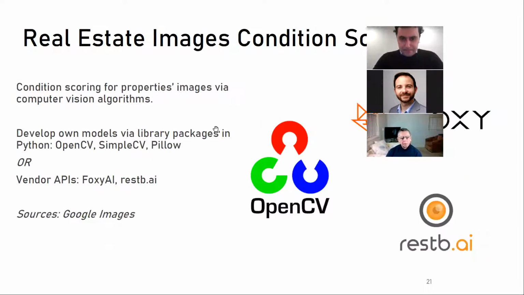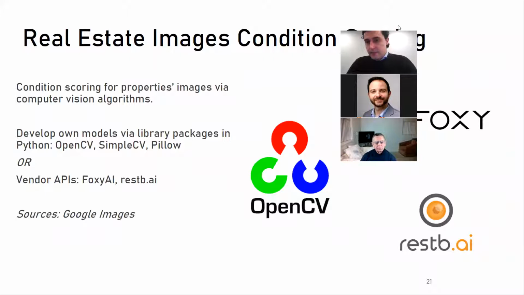And for images, I haven't done it myself, I didn't have time, but condition scoring for images is done via computer vision algorithms. These are some companies who do it. Foxy AI in New York City, Vin Vomero, I believe, is their founder's name.